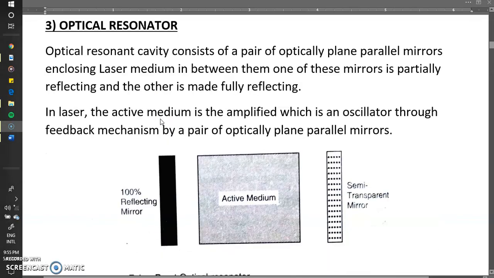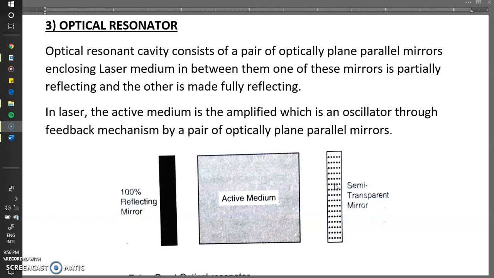Next we'll see optical resonator. Optical resonant cavity consists of a pair of optically plain parallel mirrors enclosing the laser medium in between them. One is 100% reflecting mirror, the other one is semi-transparent mirror.